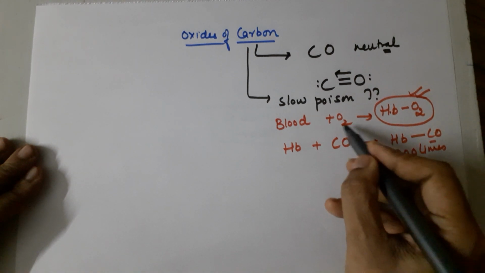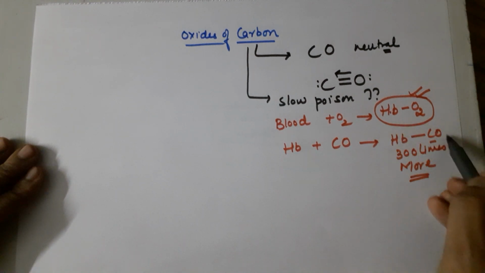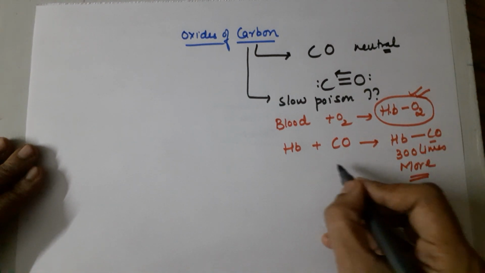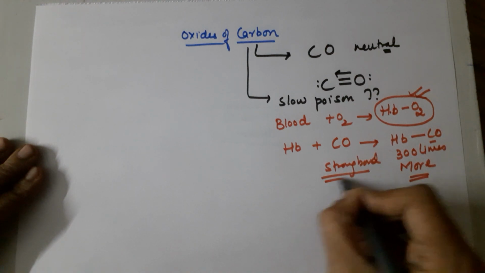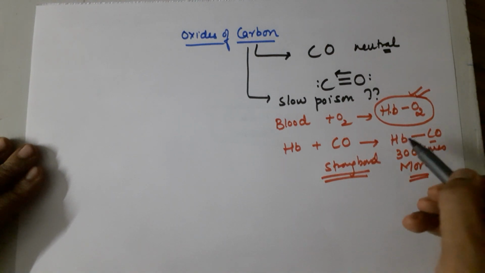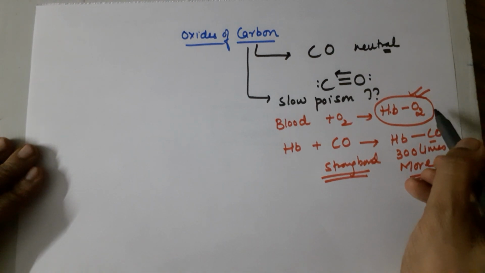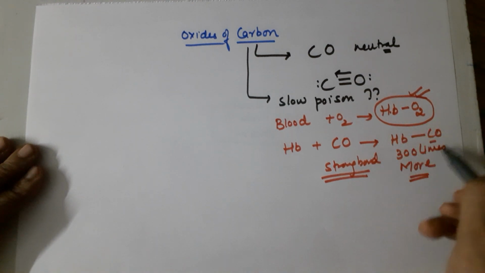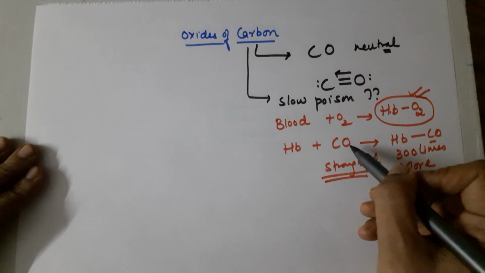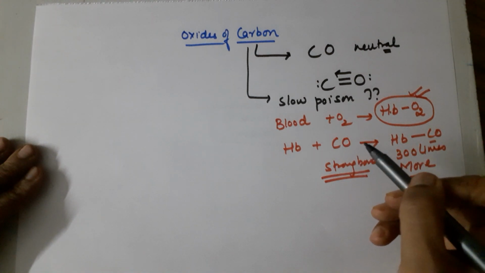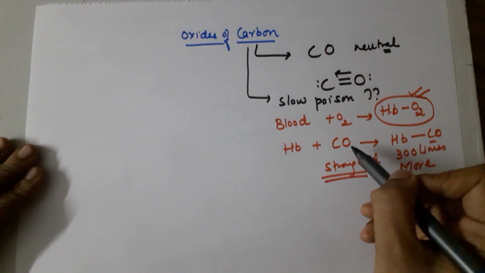So in the presence of carbon monoxide, your hemoglobin gets blocked. This is again a very strong bond. Hence, your hemoglobin is not free to bind with oxygen, and the person suffocates to death whenever he is in an atmosphere of carbon monoxide for a prolonged period.